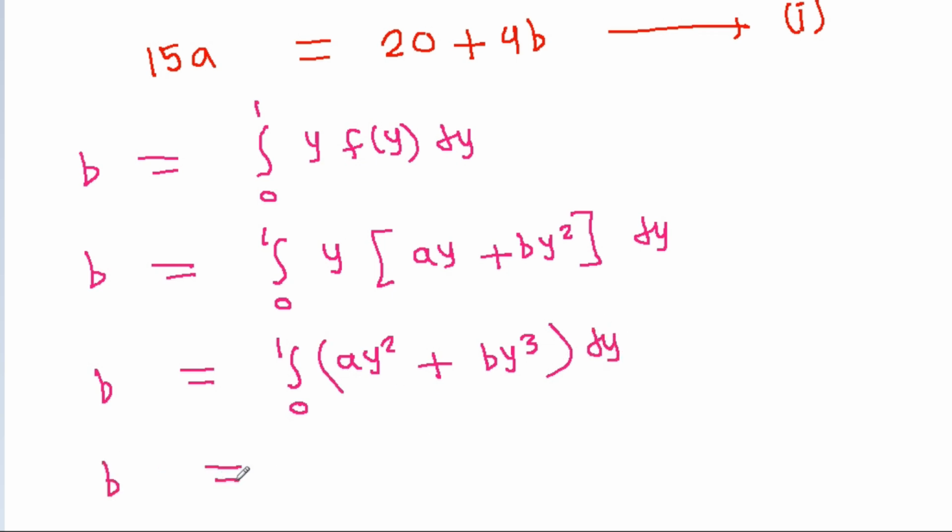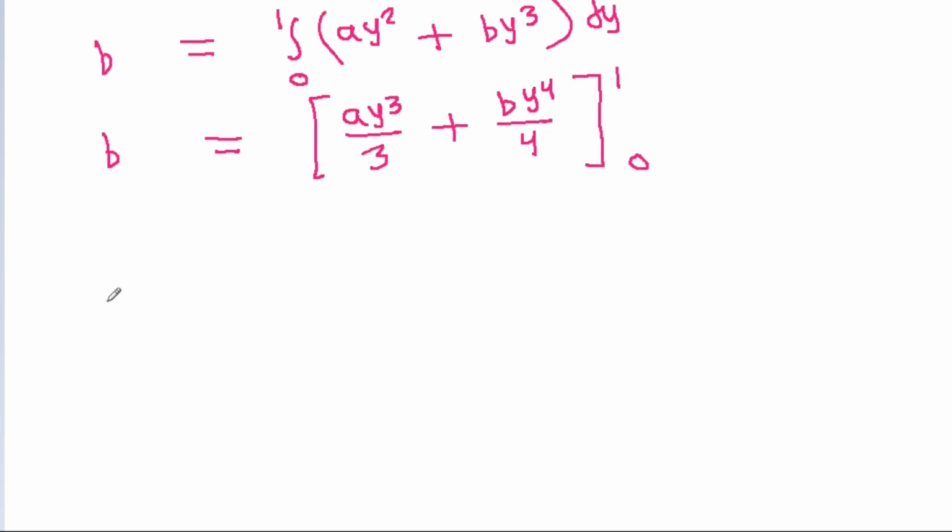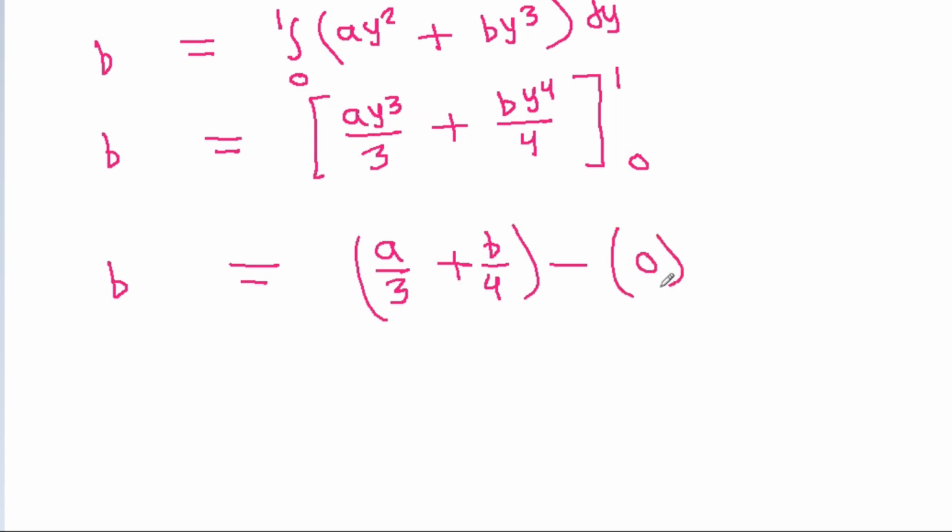So b will be equal to the integral of ay square, which will be ay cube by 3, plus the integral of b y cube, which will be b y power 4 by 4, from 0 to 1. If we put y is equal to 1, then we will get a by 3 plus b by 4, minus, if we put y is equal to 0, then we will get 0.